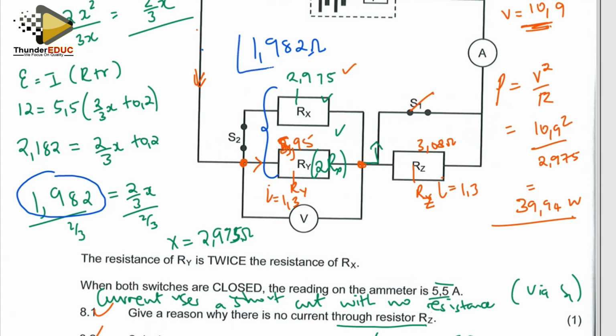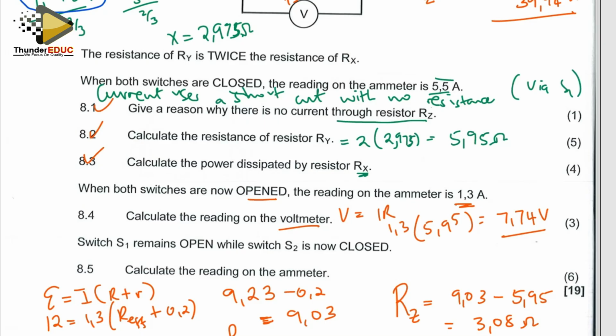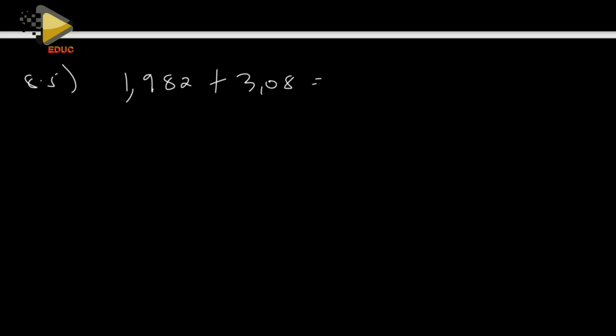Okay, so this entire thing is in series with this, which means that my effective resistance is 1,982 plus what I just calculated, which is the 3,08. 1,982 plus 3,08 gives us 5,062 ohms. This is the effective resistance.